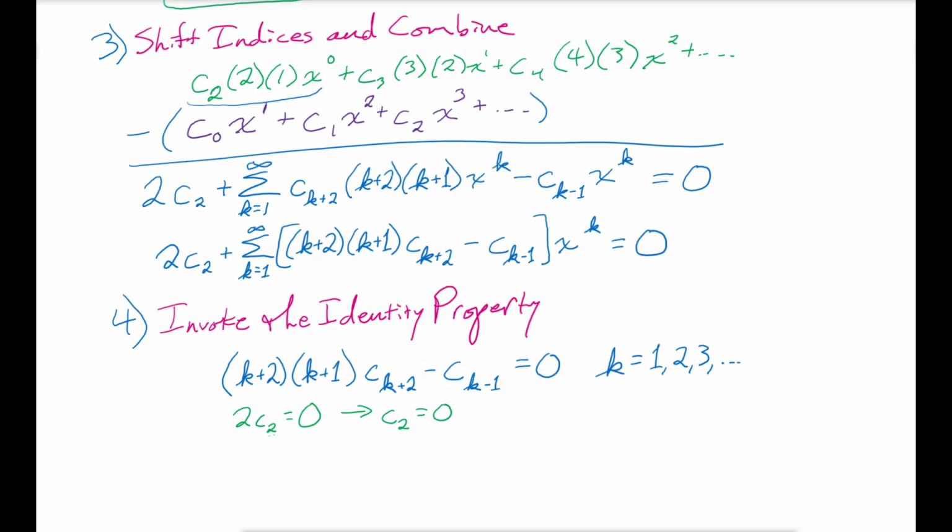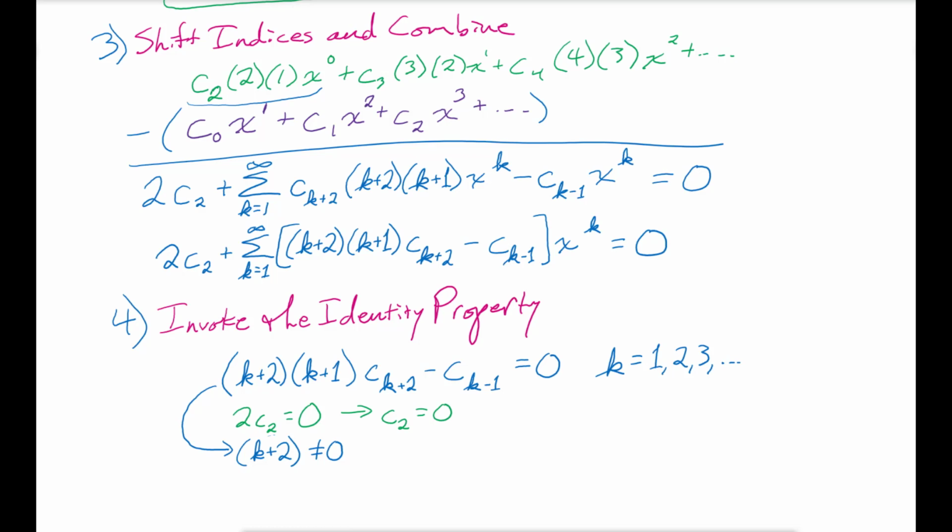So let's take a look at what's happening here again. So we have k plus 2 times k plus 1 times c sub k plus 2 minus c sub k minus 1. So k plus 2, if we put in values of k that are greater than or equal to 1, it's not going to be equal to 0. So k plus 2 is not equal to 0.